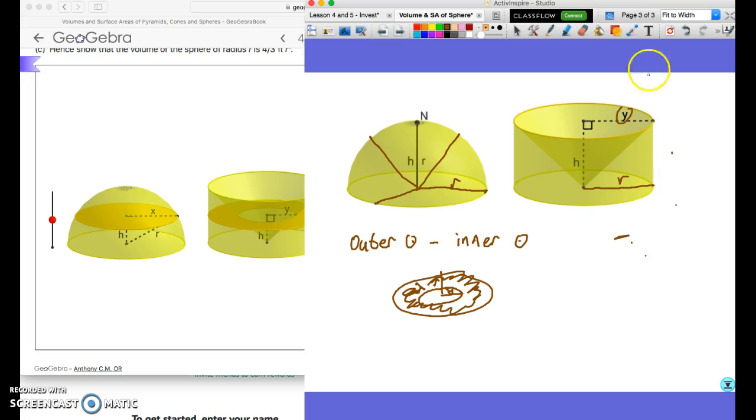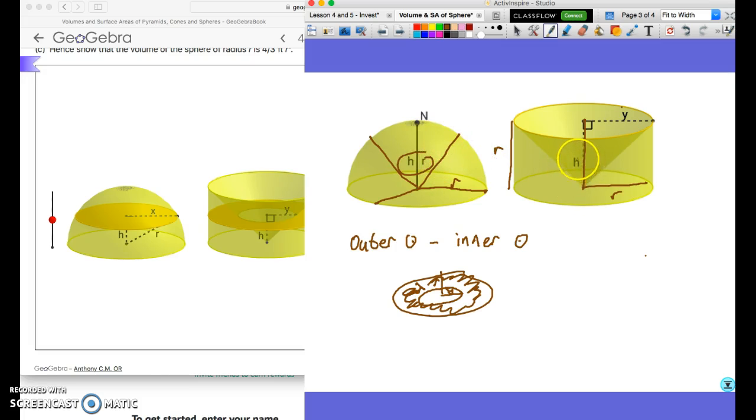I'm going to come back over here and attempt to show you why that is going to be true. Let me clean this up a little bit, and then I'll show you a couple of different things. Here, remember in the form where we are using this as a radius, we have established that the height of my cylinder is also r, because it matches the hemisphere.